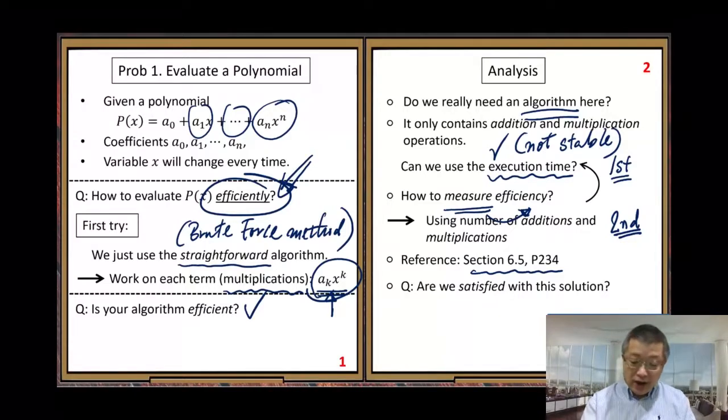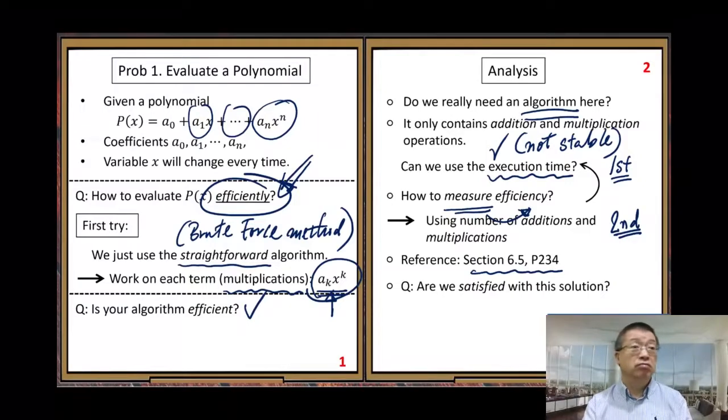Another question immediately after that: are we satisfied with this solution? Think about yourself. I guess for 90% of our class, you may like to say yes, we're satisfied.